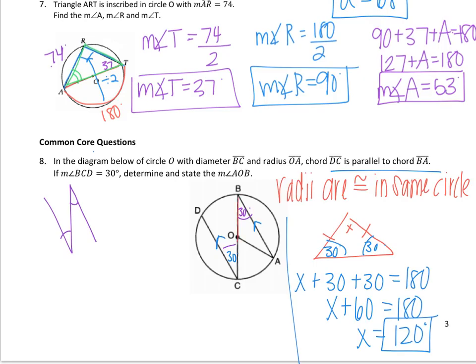Angle B opens up to arc AC. If I were to go outwards to find arc AC, I would multiply by 2 because it's an inscribed angle. So arc AC is 60 degrees. I'm just going to erase some of the outlining that I've just done.